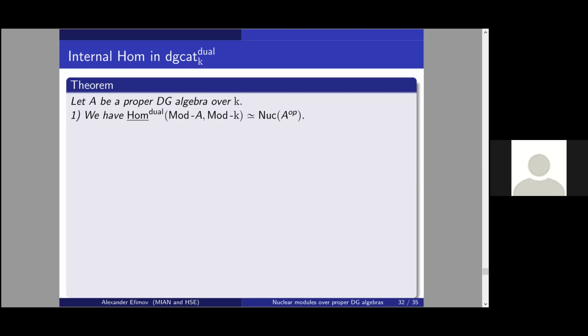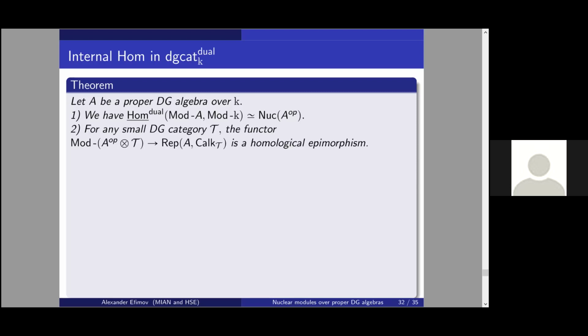Now, moreover, for any small DG category T, if you consider this functor from bimodules to representations of A in the Calkin category of T, then it is a homological epimorphism.